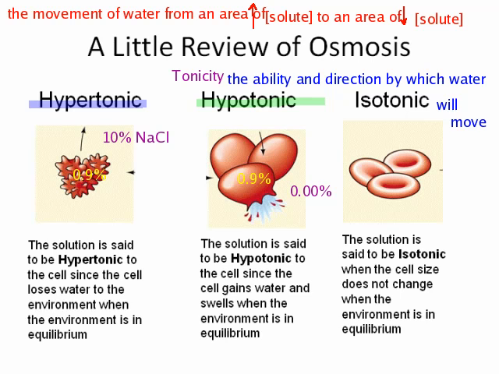And so in this case, if you've got 0% sodium chloride on the outside, you've got 0.9% on the inside, water is going to want to move into the cell. And that creates that hypotonic environment.